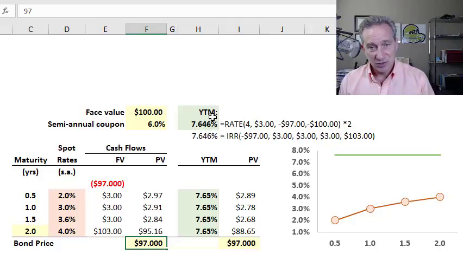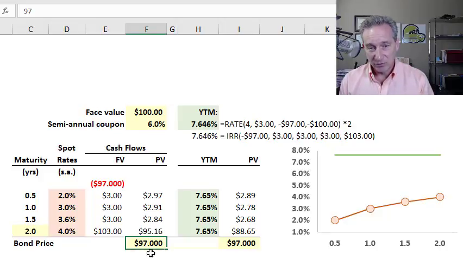Well, the yield to maturity still works and is really designed for that, right? The yield to maturity is now saying that it is 7.6% based on this price input. So we could look at it another way. If we purchase this bond at $97, we're getting 6% on the coupons, but notice it's at a discount to the face value.